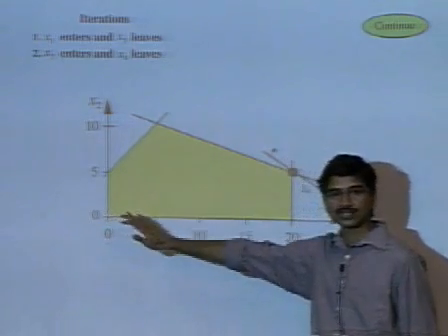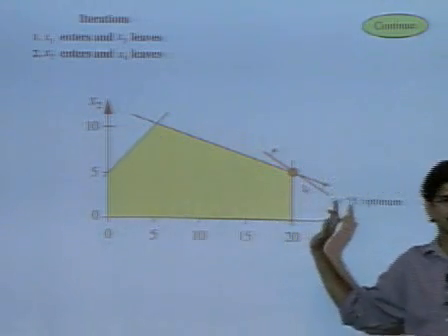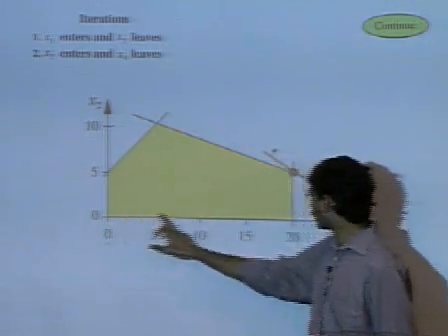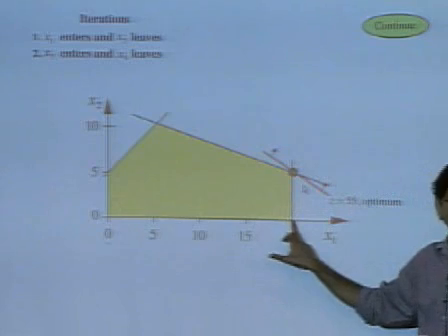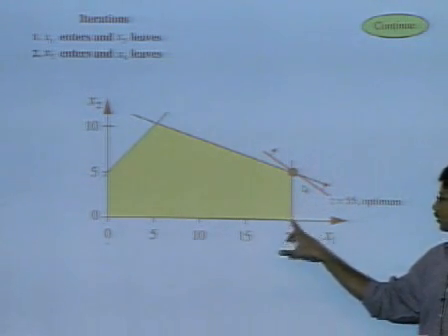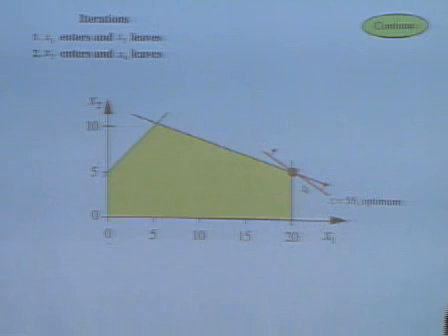Remember, x2's value is held at 0, and you would increase x1 as far as your constraints permitted. So you would go from this point 0, 0 all the way until the point 20, 0. And from there, the only choice that you have is to increase x2, and you would go here. And so you get to the optimal solution in two iterations, as opposed to 3 from the other choice.